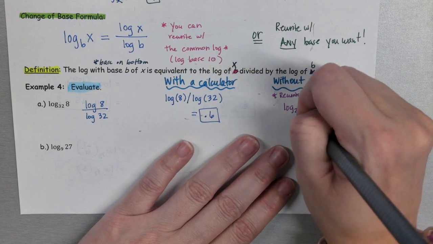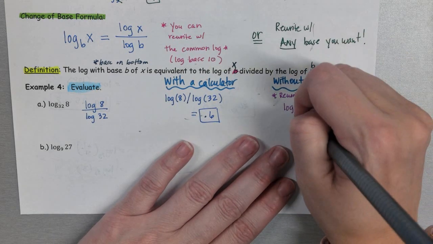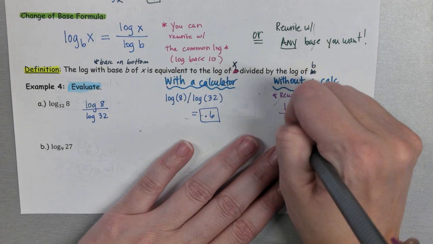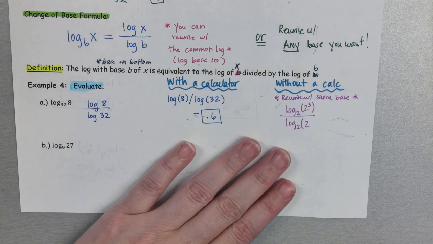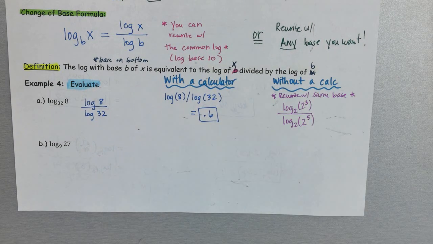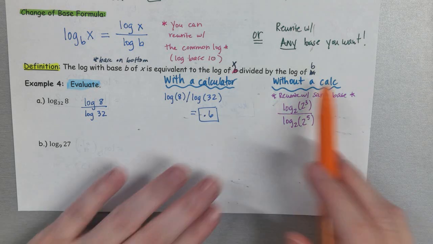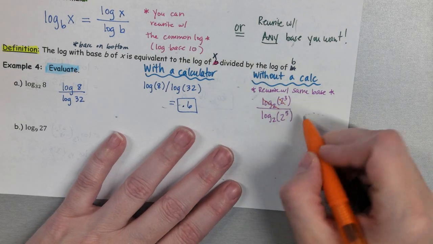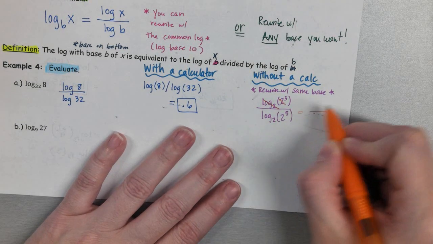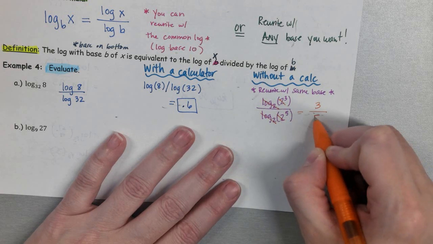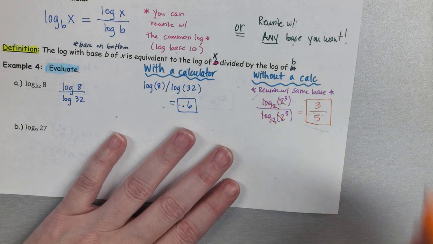Yeah, so this would be log base 2 of 2 to the third over log base 2 of 2 to what power would be 32? 5. And then look, we're just going to use our special properties. What happens with log base 2 and 2? They cancel, so on the top you'd have 3, and log base 2 of 2 would cancel, and you'd have 5. So then you would have 3/5.